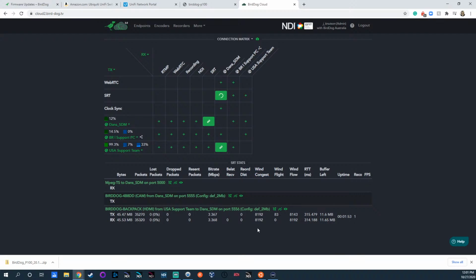If you're starting to get dropped packets and that sort of thing, you're going to get errors showing that the packets being received on the receive end, by the way, because they don't show up here on the transmit, are showing up incorrectly or out of order. The win congest is really just a real-time transmit thing between the two, but for the most part, that shouldn't change, and it should probably be the same as far as I understand.